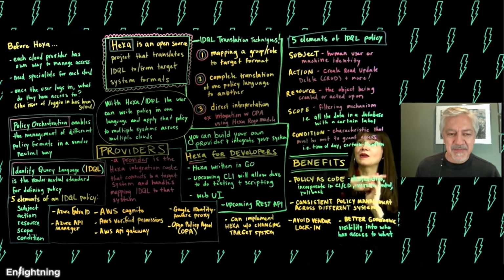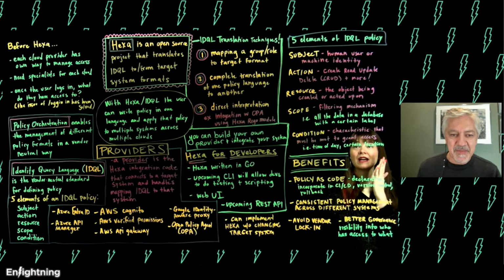So more specifically about the identity query language policy, we have 5 elements to the policy. You need a subject, so this is the human or the process that has an identity. And then we have an action. What are they allowed to do? There's definitely CRUD, create, read, update, delete, but there are other actions too. Then the resource: what resource is being acted upon?